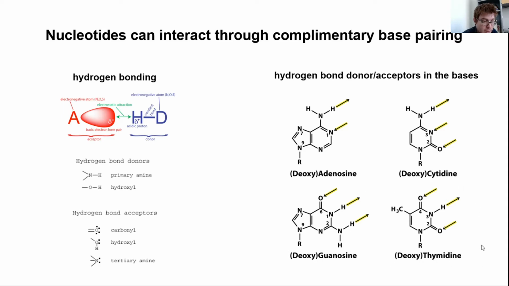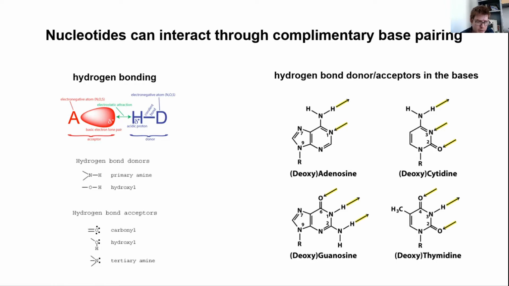And if we look at the thymidine, we see again a carbonyl, so the lone pair there can be an acceptor. We see this NH, and so this provides a donor opportunity. And we see another carbonyl here, and so this is an acceptor. So there's 3 possible interactions that thymidine can form. Okay, so each nucleobase has its own little repertoire of donors and acceptors.